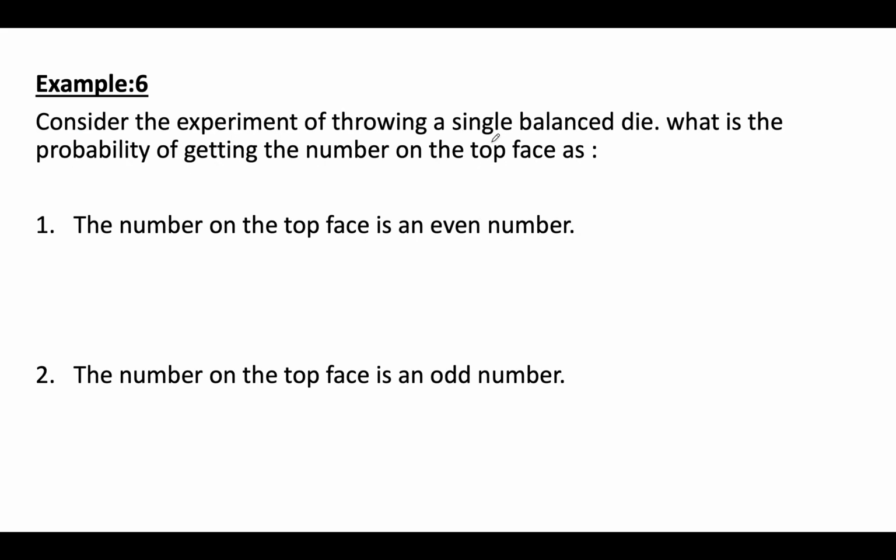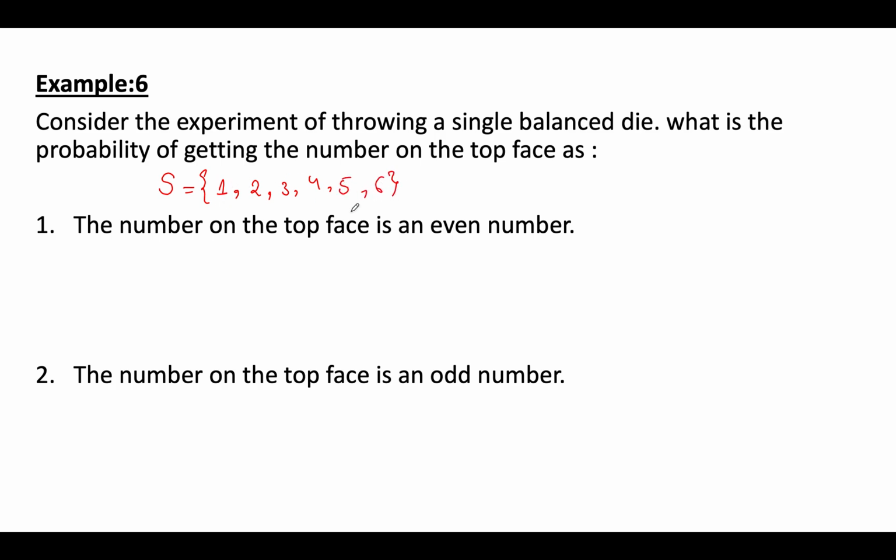Let's consider the experiment of throwing a single balanced die. What is the probability that the number on the top face is an even number, or is an odd number? Before we find the probability, I first need to find my sample space. The sample space of this experiment is equal to 1, 2, 3, 4, 5, and 6.